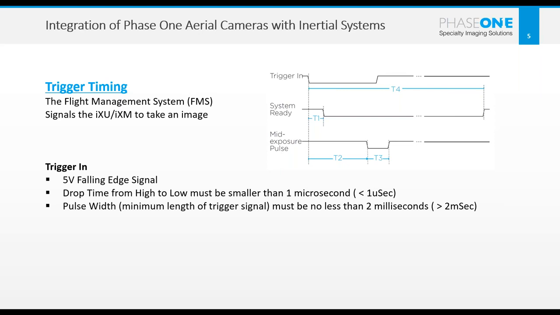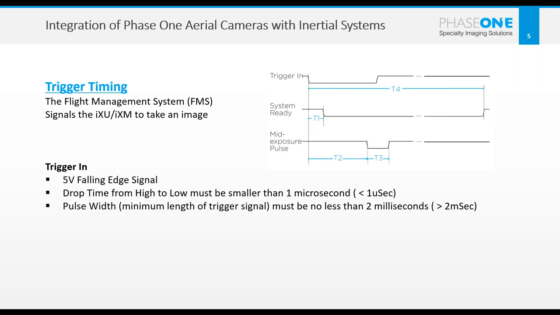you can see some lines that represent the pulse, the signals. So for the trigger in, we see at the very beginning the dropping of the signal from 5 volts to 0. This signal drop might last at least 1 microsecond, and the pulse width might be at least 2 milliseconds. Why is that?